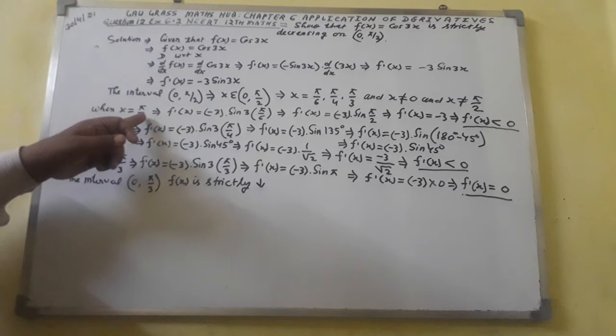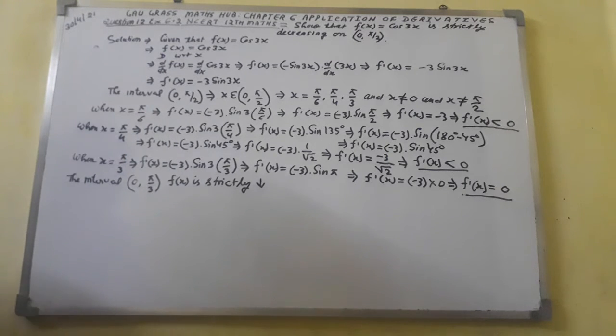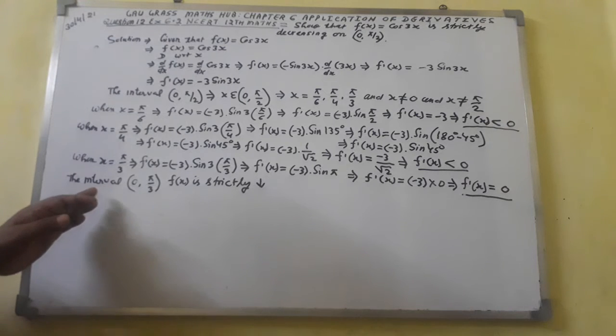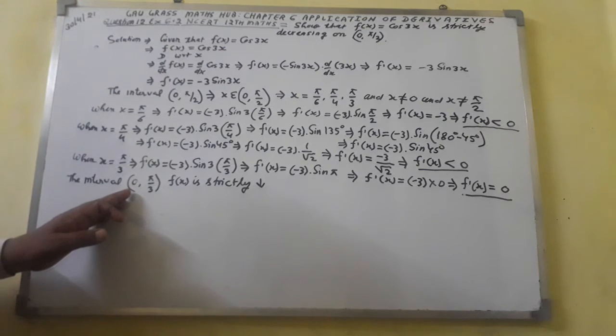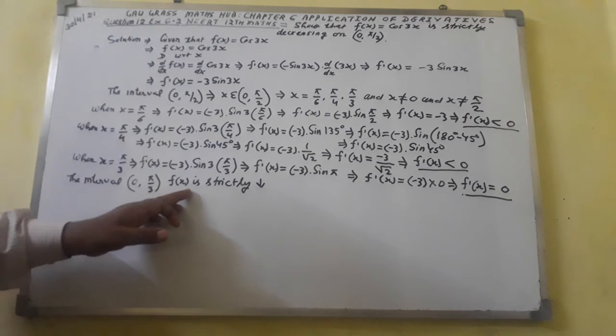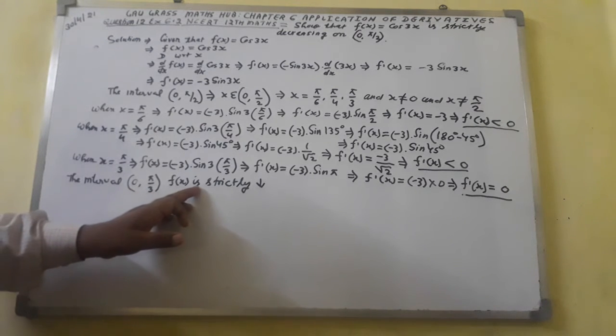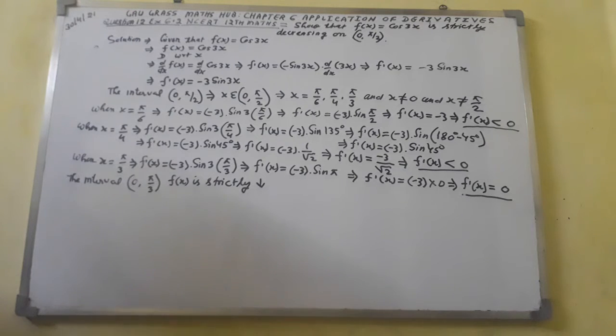So at x equal to pi by 6, you have got f dash of x is less than 0, and also x equal to pi by 4, you have got f dash x is less than 0. That's why under open interval 0 comma pi by 3, f of x is strictly decreasing.